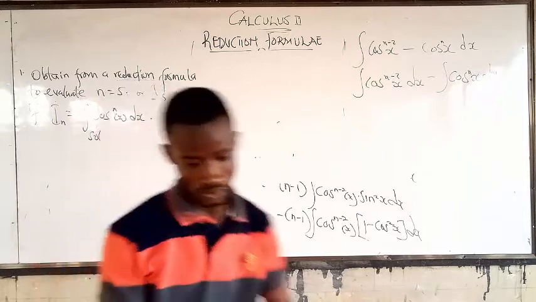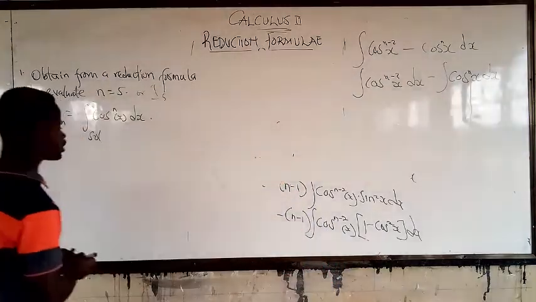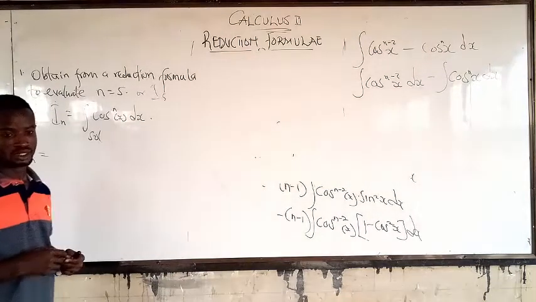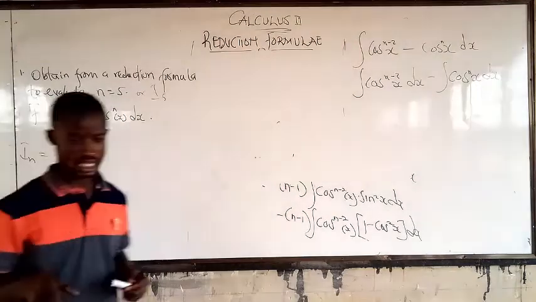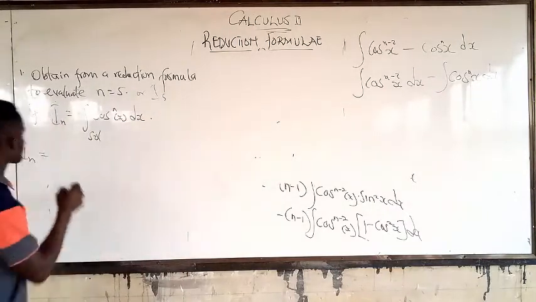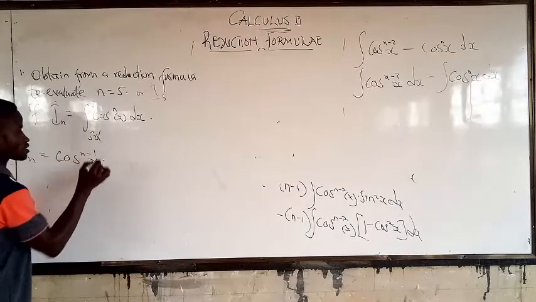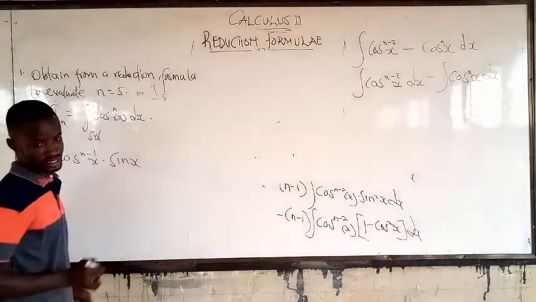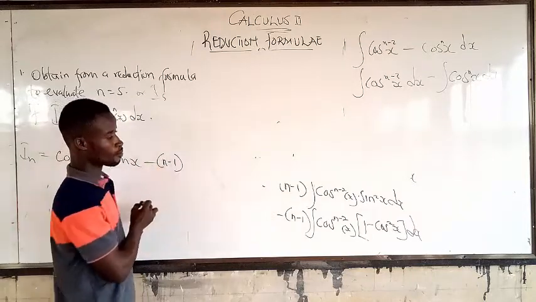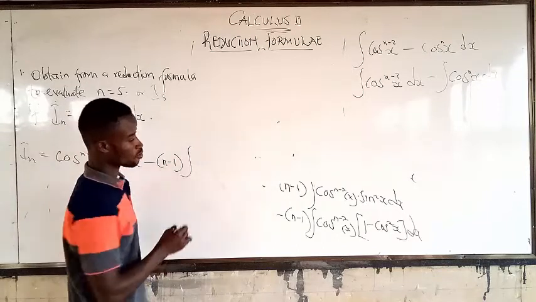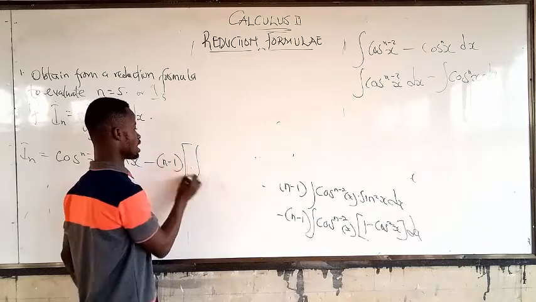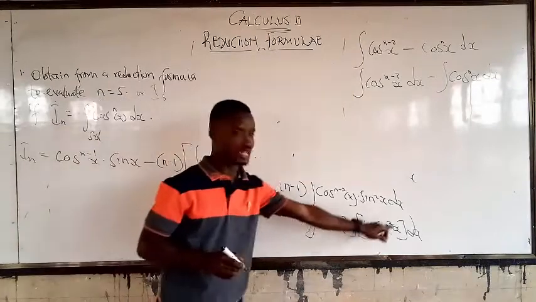So in all, In is going to be equal to the U times the V part, which is cos^(n-1)x times the V, which is sin x, minus n minus 1 times the integral of the whole of this part that we have here.